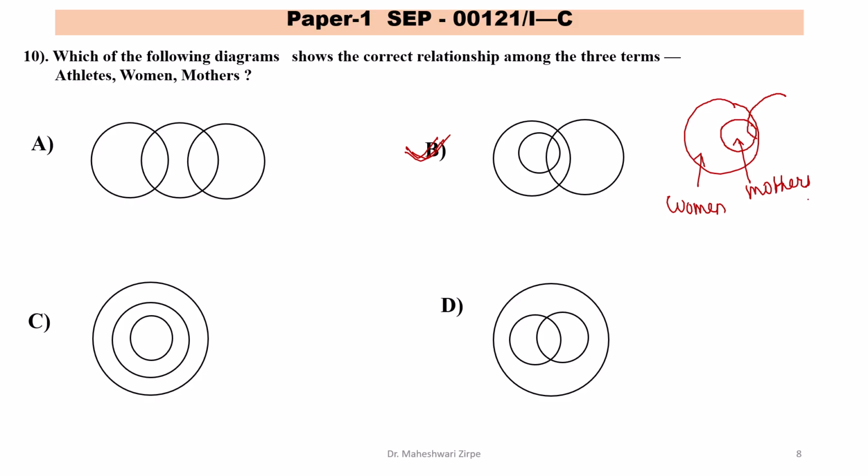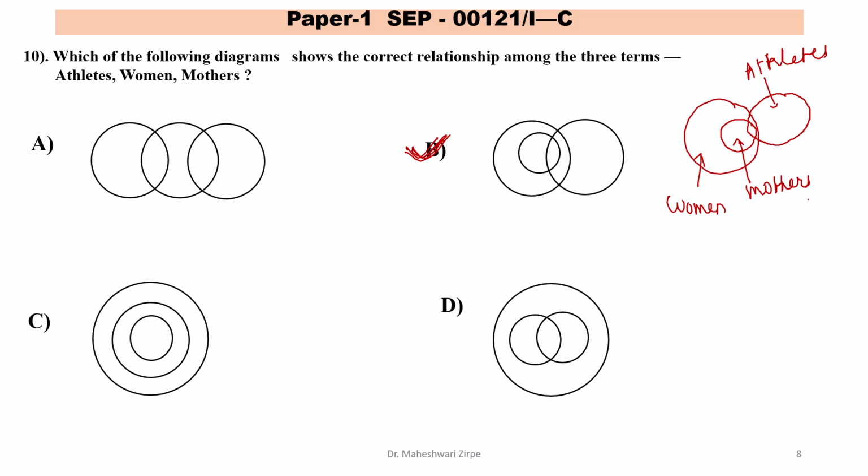We can show a small portion which covers both, that is, some part will be mother also, woman also, and the remaining part may be male athletes. So this indicates athlete. And they haven't mentioned that athletes are women athletes. This way you can show it. So option B is the correct option.